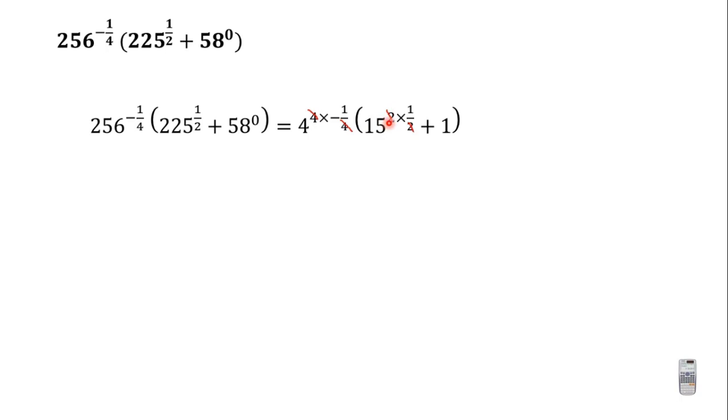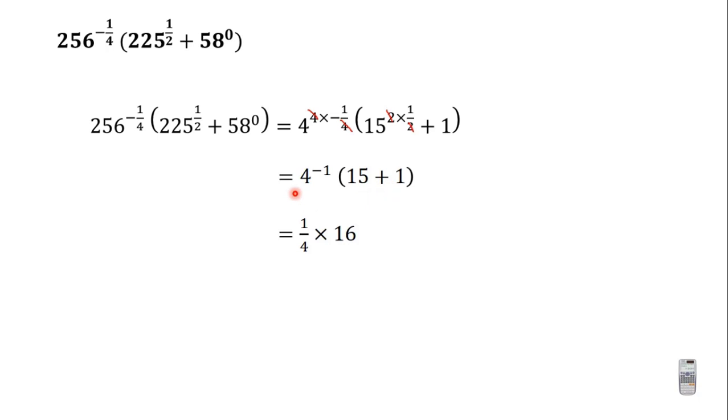When you come to this side too, the index is 2, the denominator is 2, so 2 and 2 will cancel. Okay, so we've cancelled the denominators out, so we are going to have 4 exponent, we are left with minus 1, so minus 1 into bracket. When you come here too, we've cancelled the index and the denominator out, so we are going to have 1. So 15 exponent 1 is 15 plus 1.